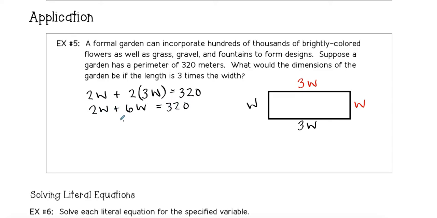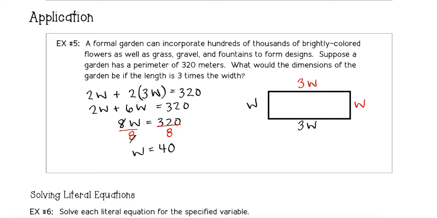I have 8W equals 320. Let's divide each side by 8. So W equals 8 goes into 32 4 times. There's an extra 0, put the 0. 40. So the width of this garden is 40.